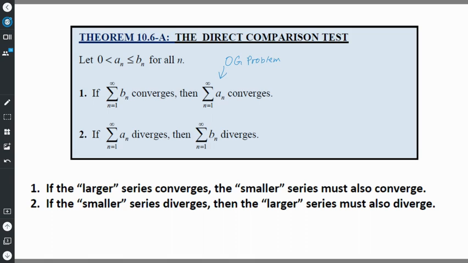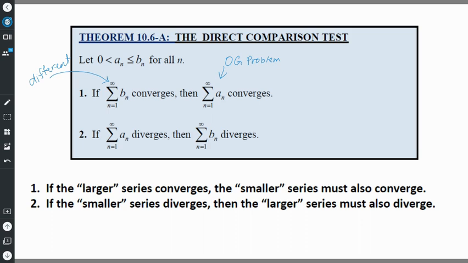You're going to get a different series to compare to the original series. And if the different series converges, here's the catch. If the different series is larger than the original series, and the different series converges, then so does the original series. And I know all of this probably doesn't make sense.